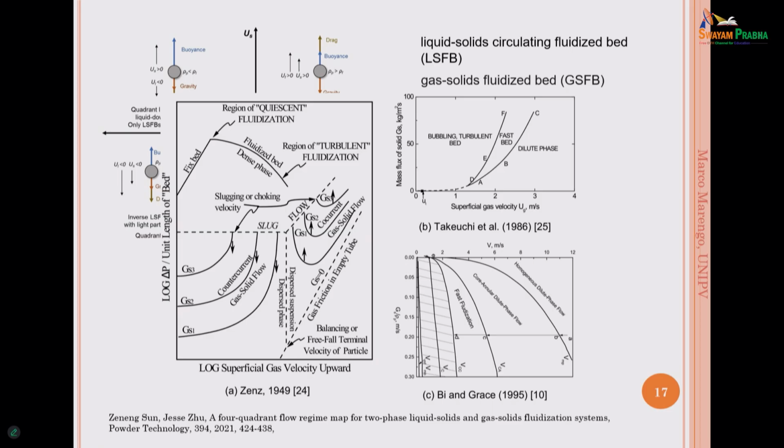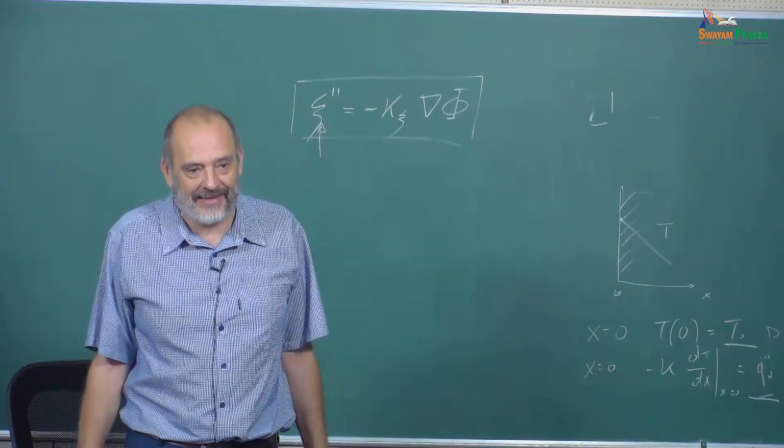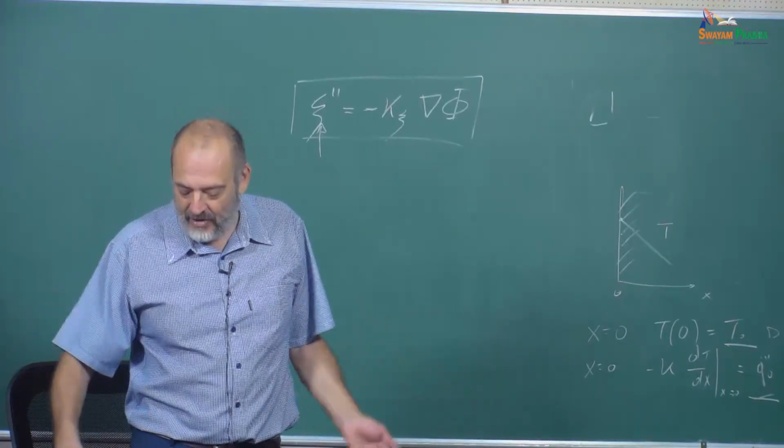We are working on this since, look at this paper, 1949, and here is Takeuchi 96, 86, 95, 2021. It's so complex that we're still looking for solutions or for very good simulations. And this is happening for all multiphase flows. There is no perfect solution. We are always trying to refine something that was done in the past. This is the reason why it's so important as a field. So you can do a lot of different things.